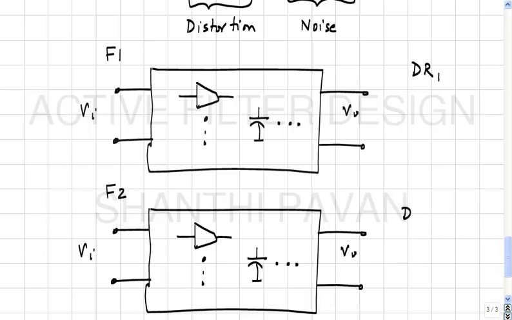This dynamic range will be dr1. Okay. Now, let us say, finally, capacitors and transistors and all these elements, when you make them on an IC, they occupy some area, correct?